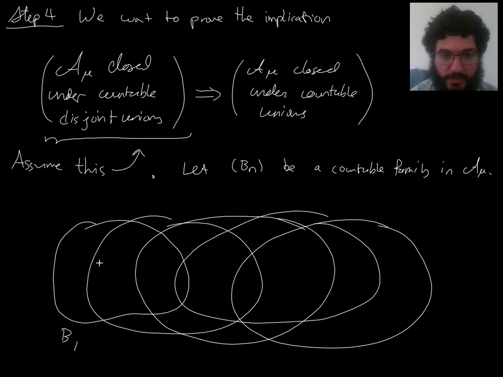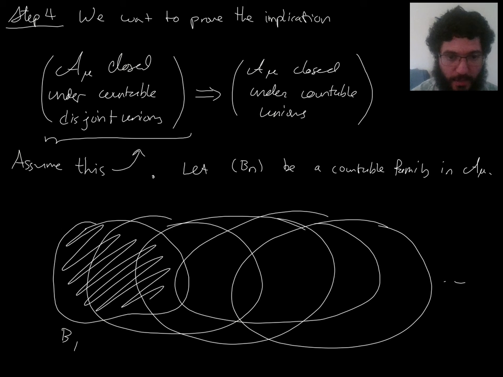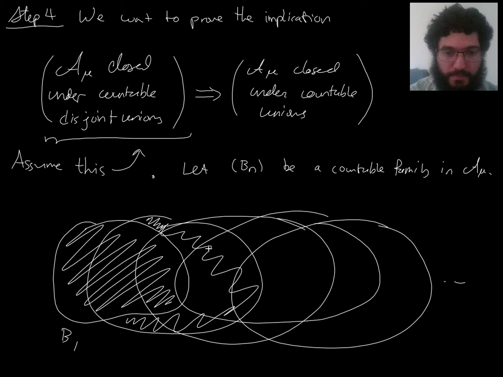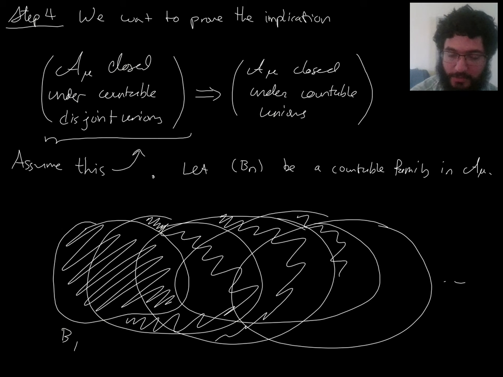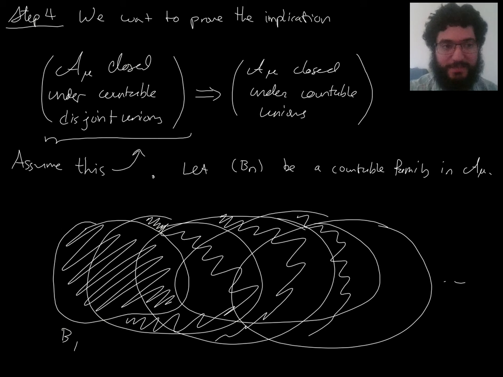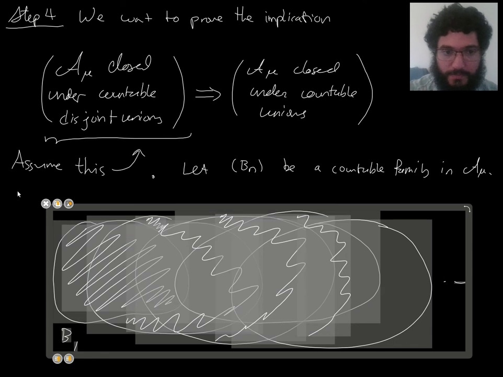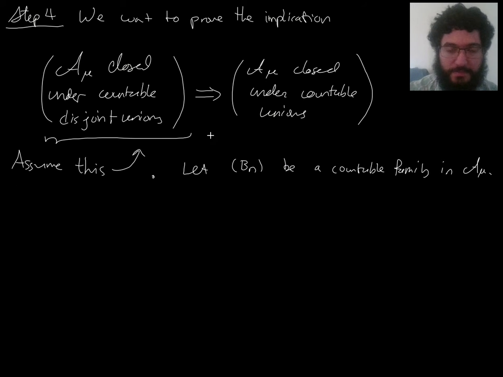Well, what I can do to view the union of all of these as a disjoint union is start with taking B1, and then I could take just those bits in B2 that I didn't already get in B1. And then I could take just those bits in B3 that I didn't already get in the union of B1 and B2, and then just the additional needed bits of B4, and then only the additional needed bits of B5, and so on. So that's the idea.